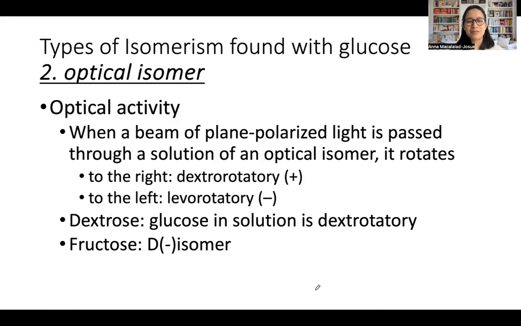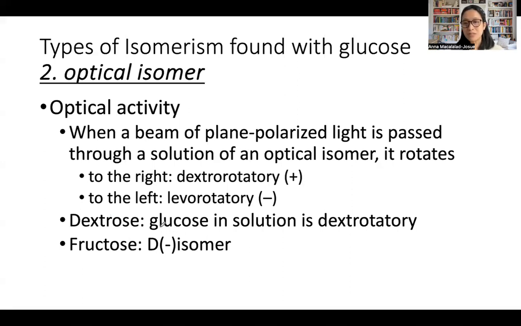The next type of isomerism will be optical isomers. Because of the characteristic structure of glucose, they have some form of optical activity. What do we mean by this? When a beam of plane polarized light is passed through a solution of an optical isomer such as glucose, it rotates in either of two directions: to the right, which is dextrorotatory, and to the left, which is levorotatory.